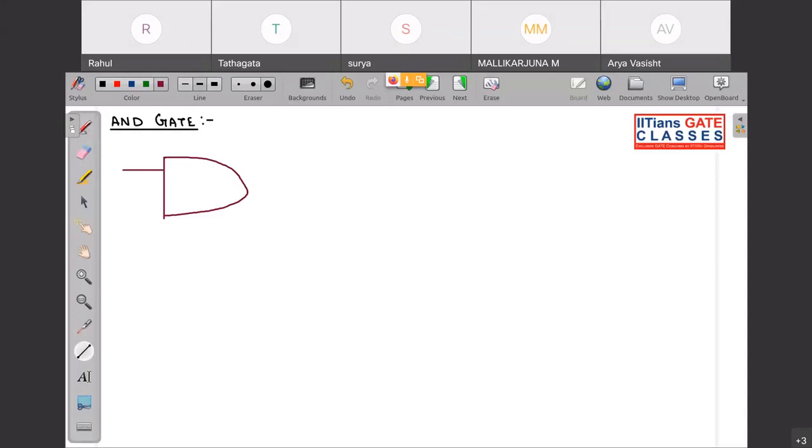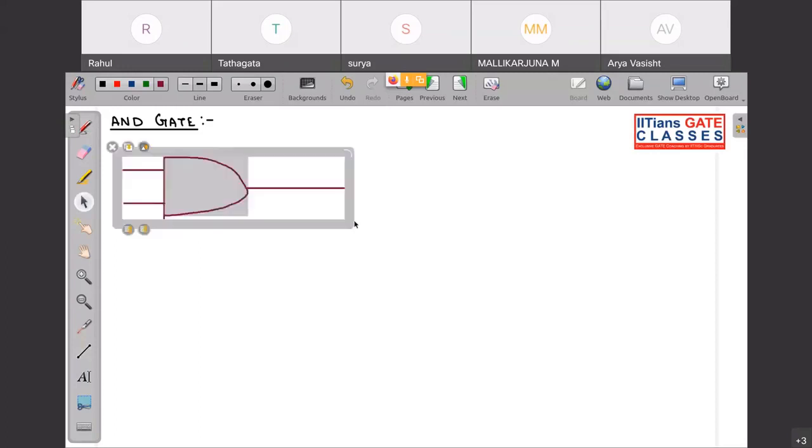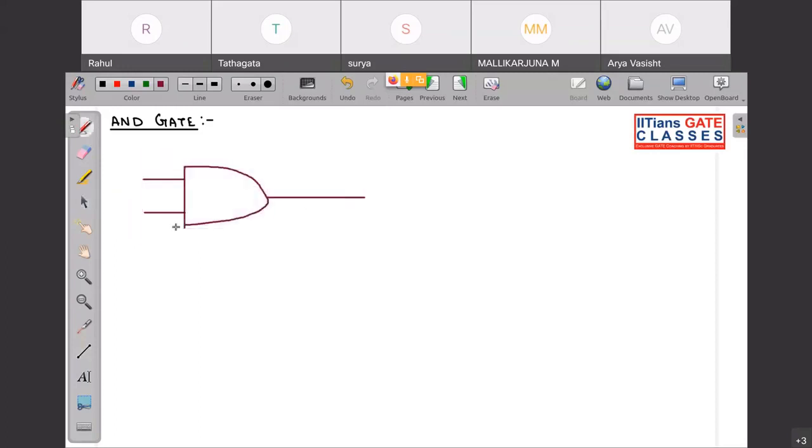So this is a 2-input AND gate, and this is the symbol of the 2-input AND gate.